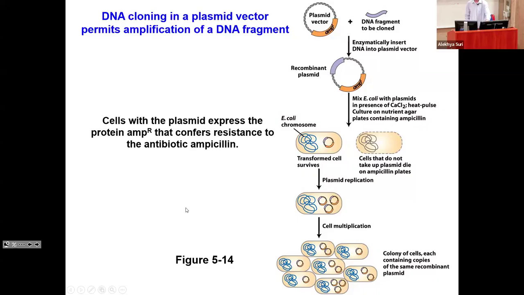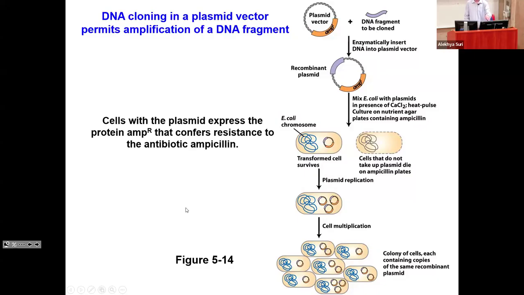So the plasmid has a selection marker, in this case an antibiotic resistance gene. So you would plate cells on a medium containing an antibiotic, in this case ampicillin.